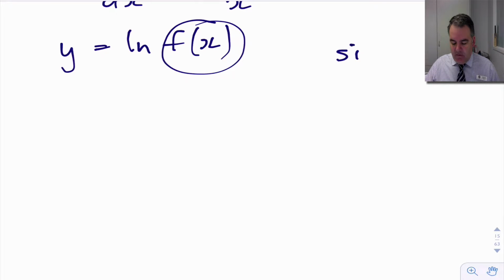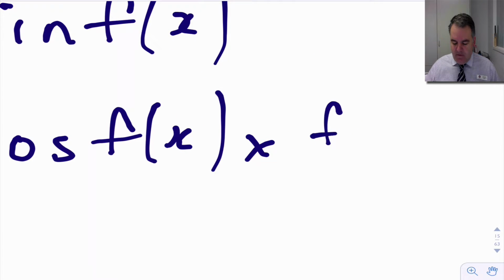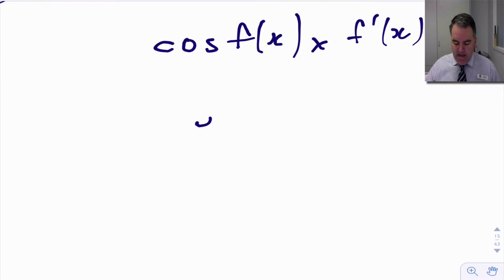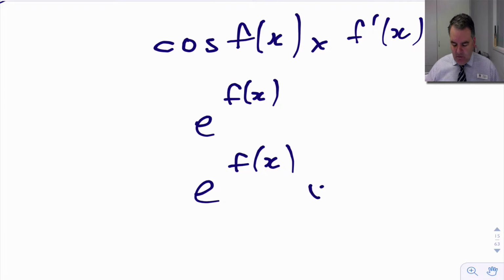So when we had sine f of x, the derivative was cos f of x times f dash x. Remember that result? When we had e to the power of f of x, the derivative was e to the power of f of x times f dash x.